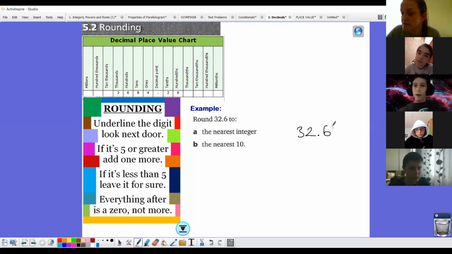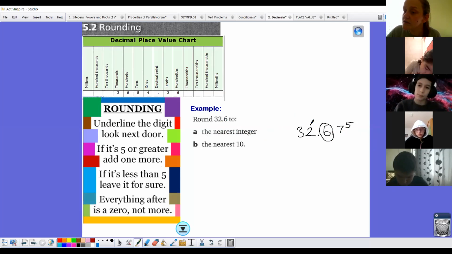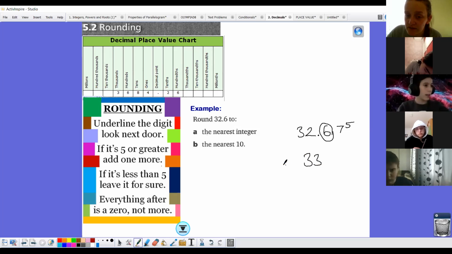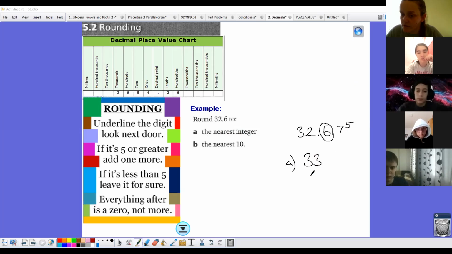So it is 6. 6 is greater than 5. So I will add 1 here in 2. So it will become 33. And this one is the rounded nearest integer, okay? Because this is the decimal point and we are rounding to the integer number, okay?